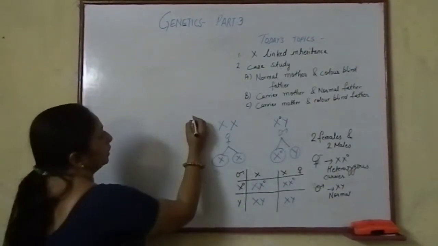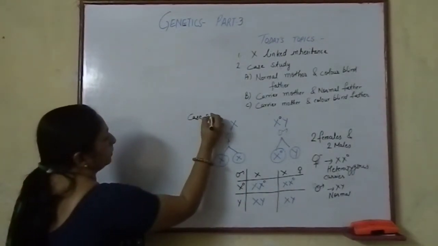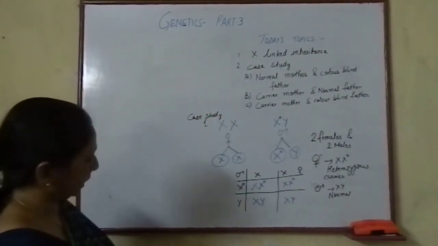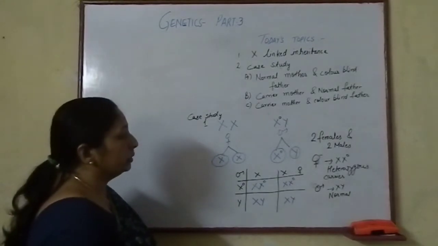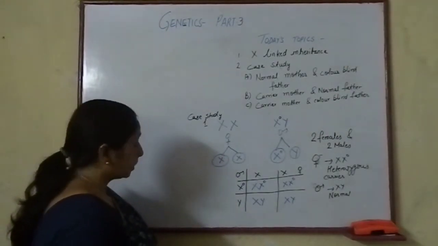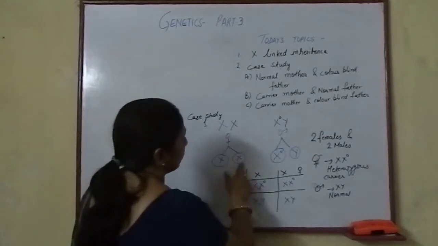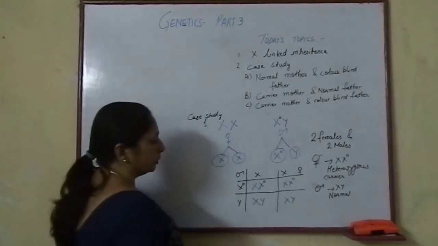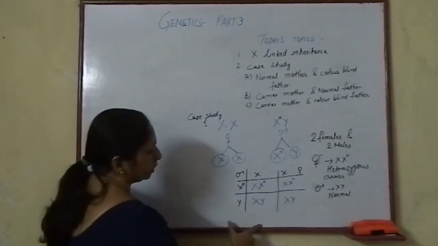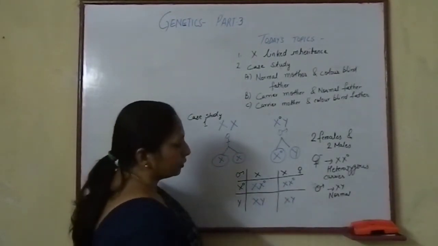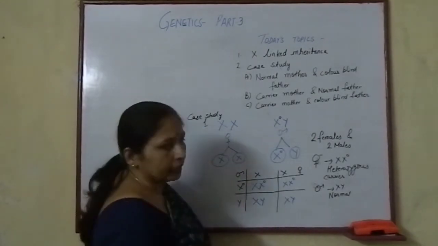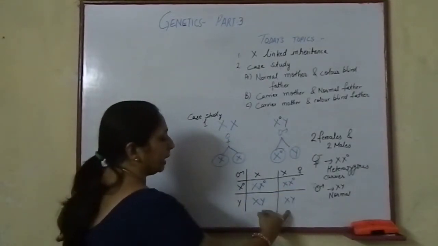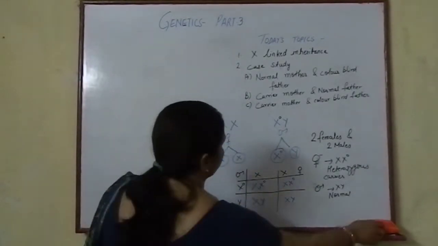So this is the first case study, in which we crossed a normal mother with a colorblind father. The gametes produced are XX from the normal mother and X0 and Y from the father. When we made the Punnett square, the offsprings we get are 2 carrier females, as the conditions are heterozygous, and the males are normal in this case.